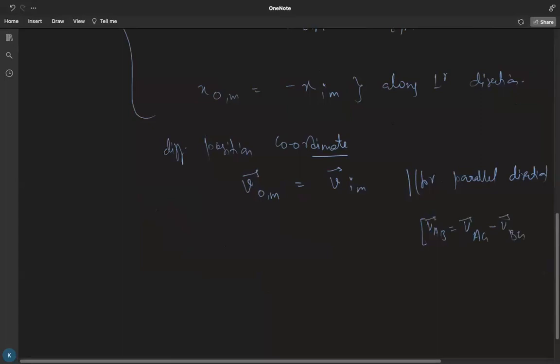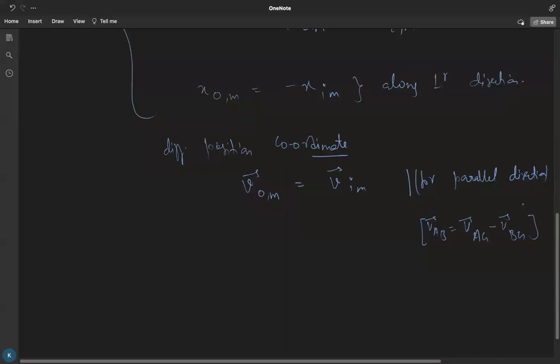Right. This is from relative motion. You can easily connect this formula with the kinematics you learned in relative motion. So velocity of A with respect to B is equal to velocity of A with respect to ground minus velocity of B with respect to ground.